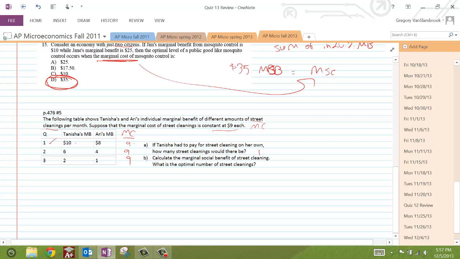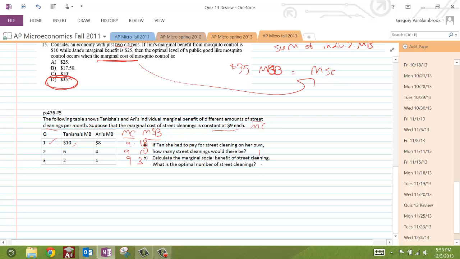Then B asks, calculate the marginal social benefit of street cleaning and the optimal number of street cleanings. So we'd go, marginal social benefit is just the sum of the individual benefits. 10 plus 8, 18. 6 plus 4 is 10. 2 plus 1 is 3. So now we're looking at it as, for the optimal quantity, benefits greater than the cost for the first unit, benefits greater than the cost for the second unit, benefits not greater than the cost for the third unit.